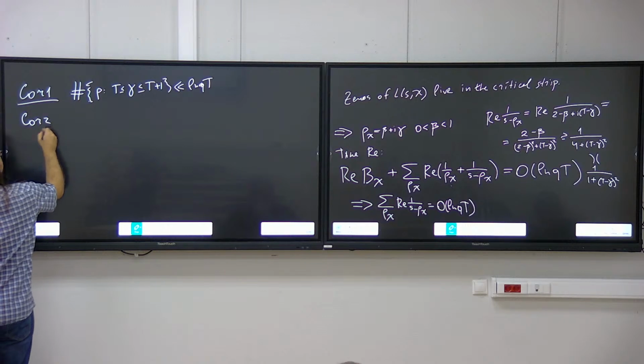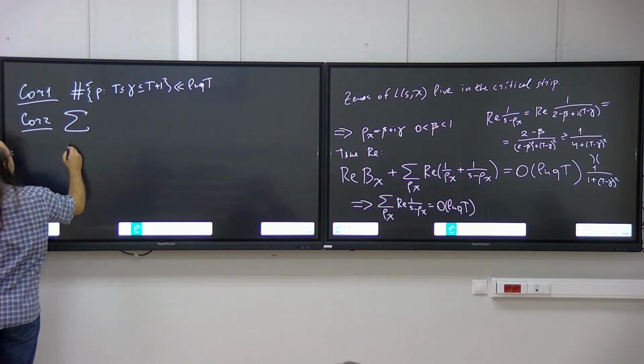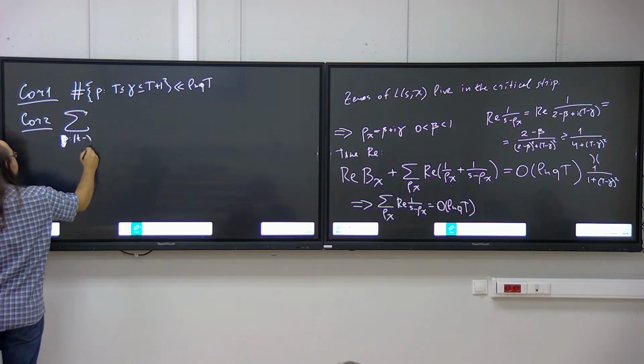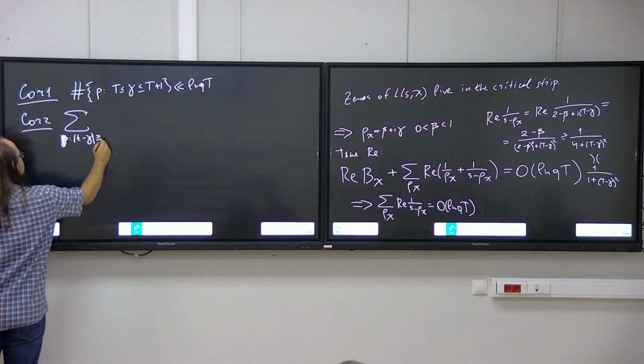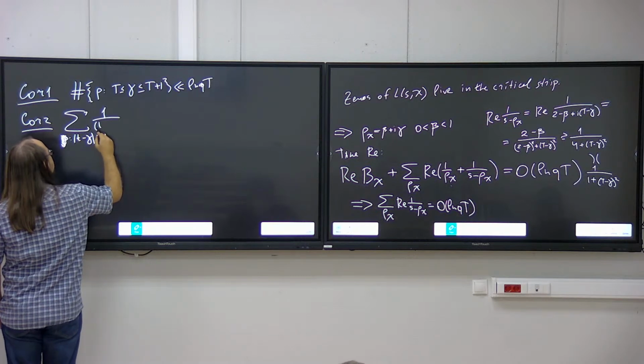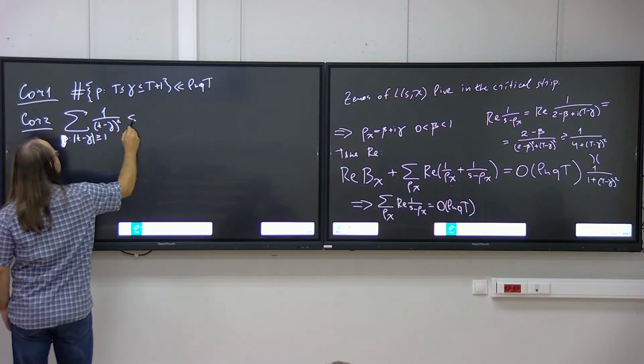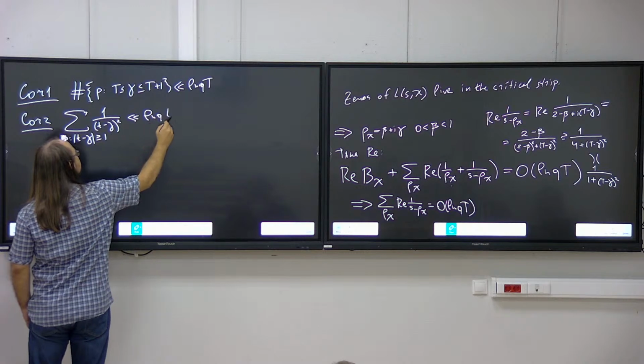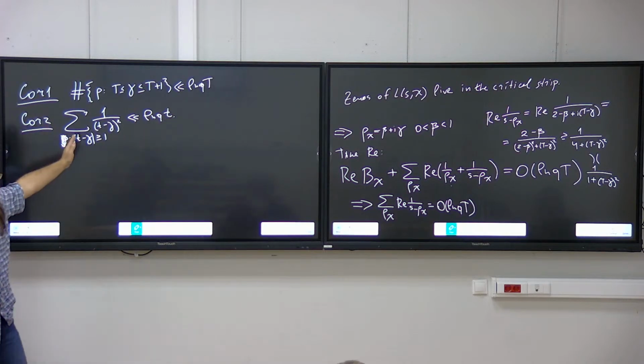And the second corollary is the sum over all rho such that the absolute value of t minus gamma is at least 1 of 1 over (t minus gamma) squared is at most logarithm qt. This is proved the same way, right?